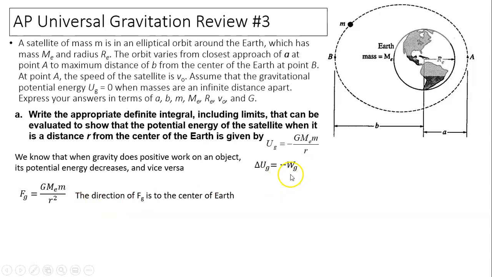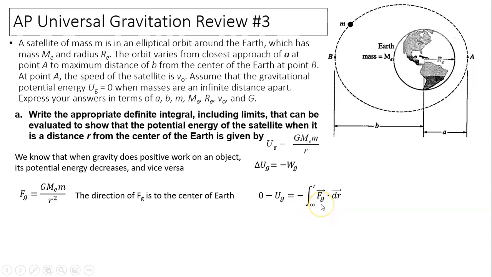So what is gravity? Gravity is G M_E m over r squared. This is just the magnitude. The direction of gravity is always pointing toward the center of the Earth, since force is a vector quantity. Work done by gravity is the integral of F_g dot dr. Since at infinity it is 0, we start from infinity, far away, and come toward the center.